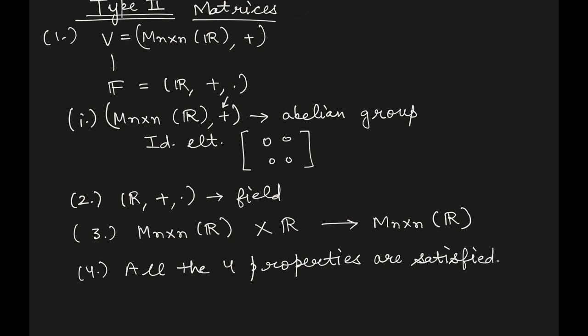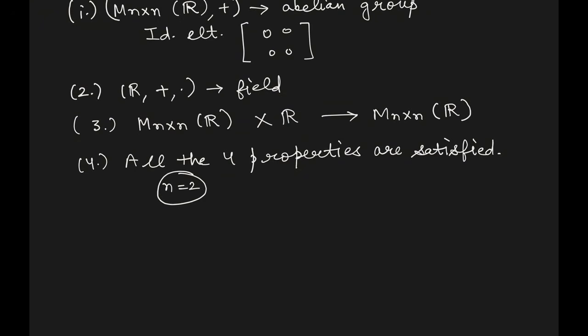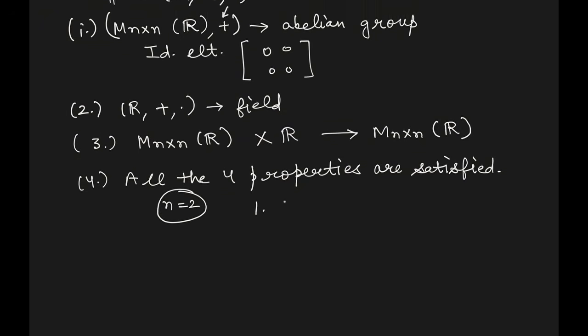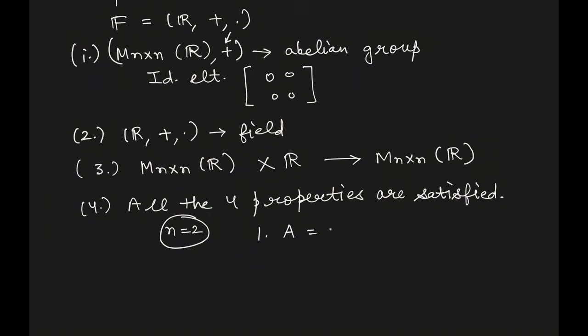For the last property, what will be the multiplicative identity? 1 into A should be A, where A is an n cross n matrix. So the multiplicative identity is the identity matrix.